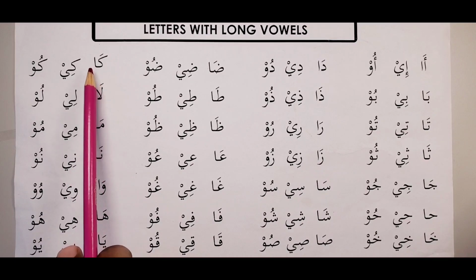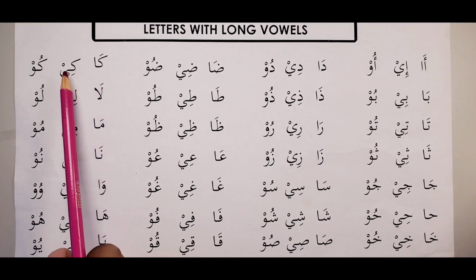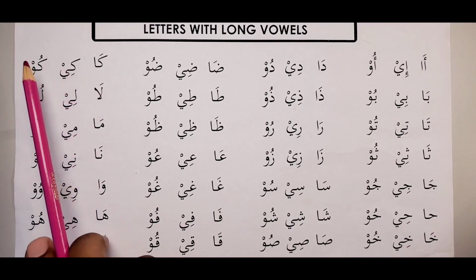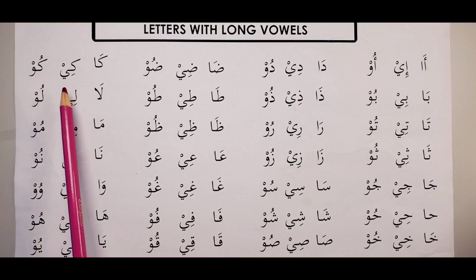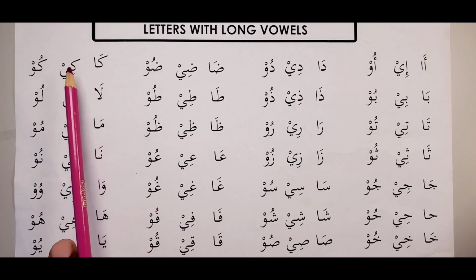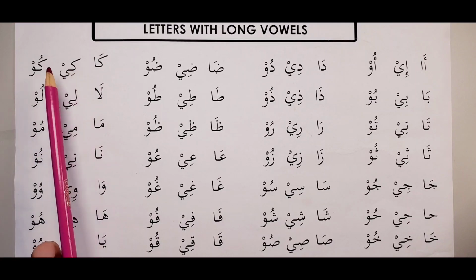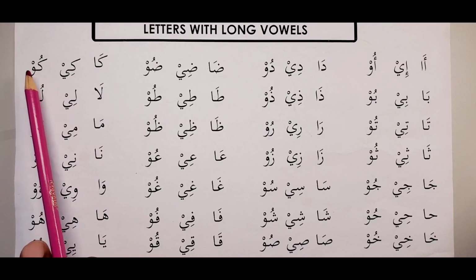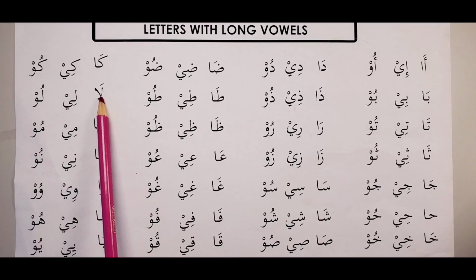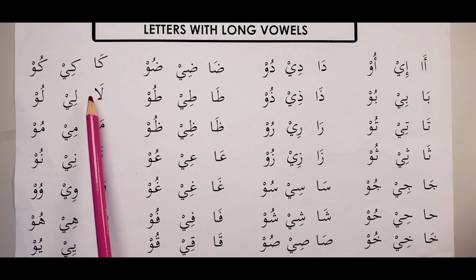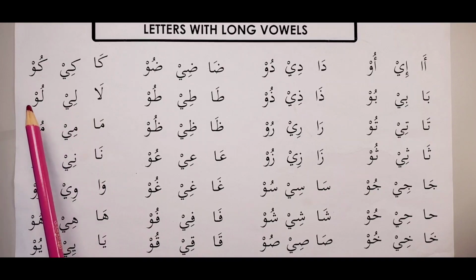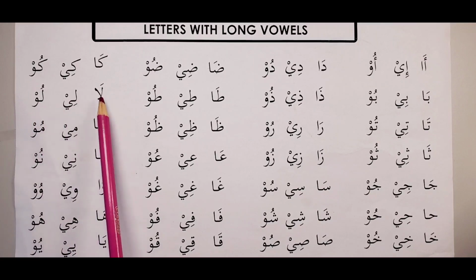And here we have ka, ki, ku. Ka, ki, ku. And lam, alif, here lam, you see here when we join lam and alif it becomes lam alif, but this is how you make the letter L long using a fatha. La, li, lu.